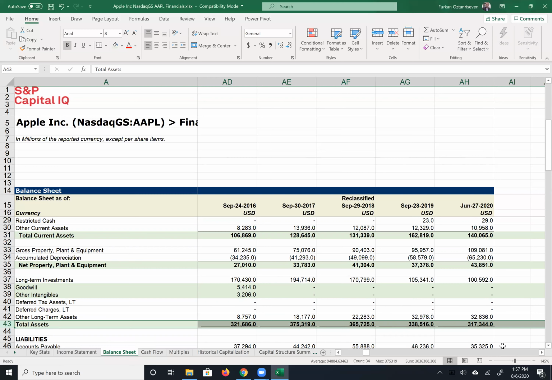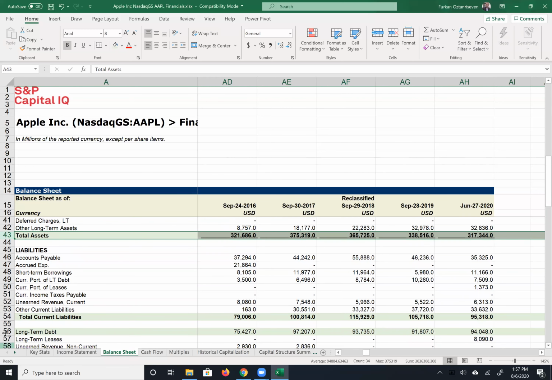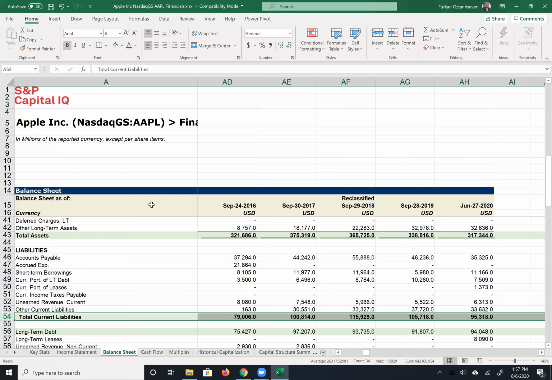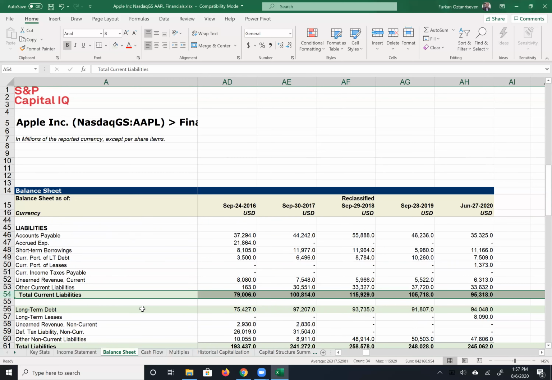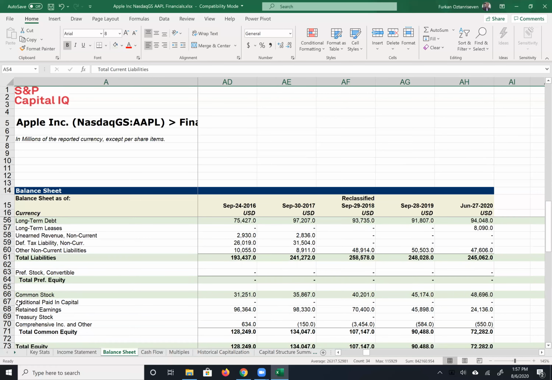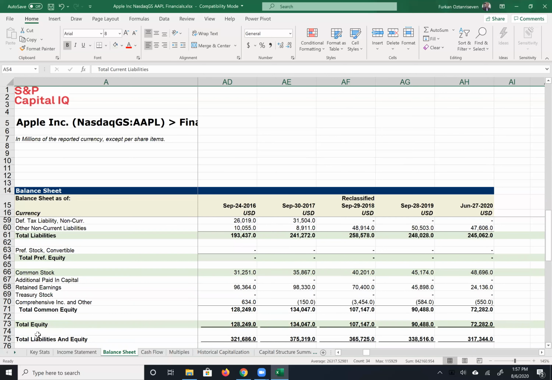It's again good to understand the total assets that company has. And it's better to understand current liabilities of the company, what's the long-term debt, and total liabilities that company has, and total equity the company has. So this is a short recap of a balance sheet example for Apple.